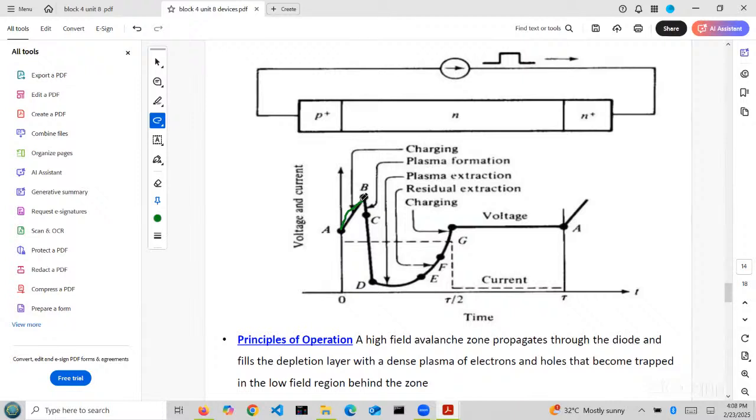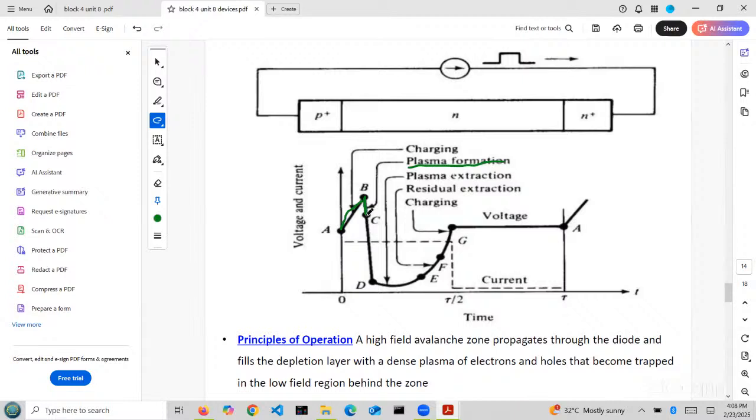Up to which point will the capacitor charge? Up to point B, the capacitor is charging. From B to C, what happens? The capacitor is not completely discharging at a time. Slowly, discharging is started. That is represented by plasma formation. Plasma is formed from B to C. Next from C to D.